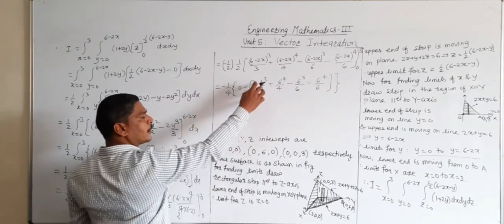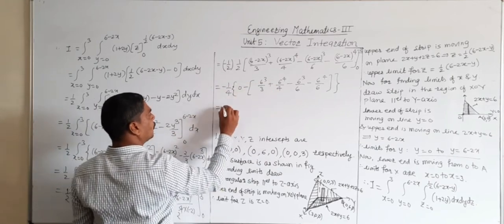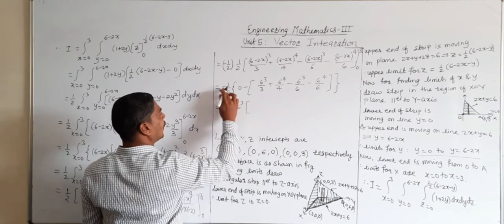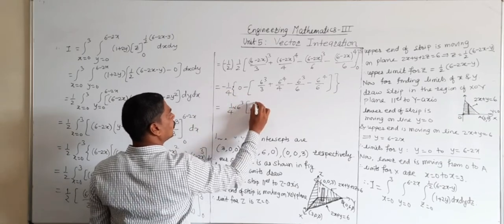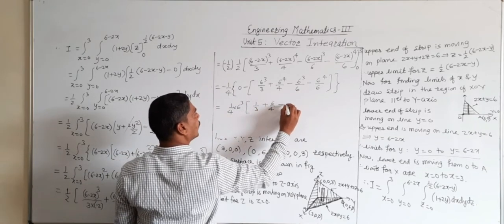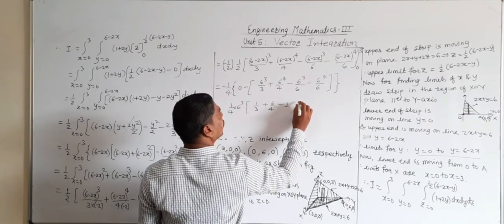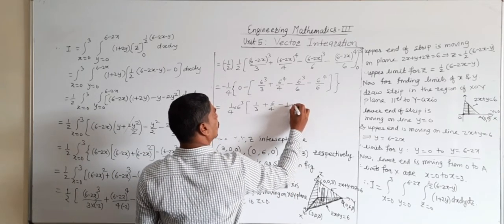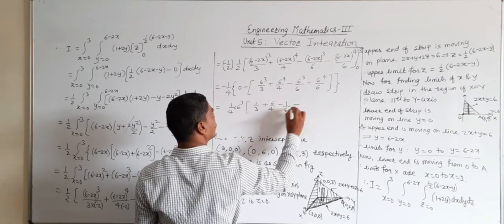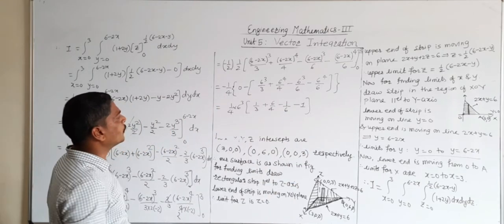Each term contains a power of 6, and the minimum power of 6 is 3, so take 6 cubed common. The remaining function becomes minus into minus plus 1 upon 3 plus 6 upon 4, then minus 1 upon 6 and minus 1. So in that way we get this function.